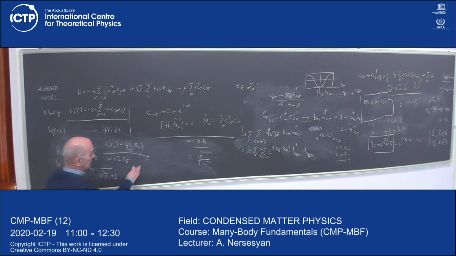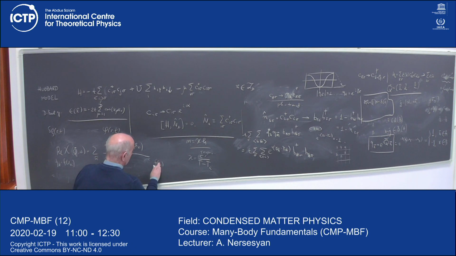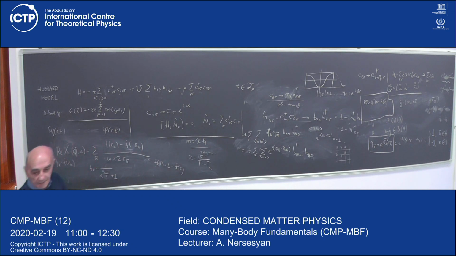But now we have a well-known relation: f minus epsilon is 1 minus f epsilon. It's the property of the Fermi distribution function. It has a very simple meaning, that the probability to find a particle or a hole must be 1.